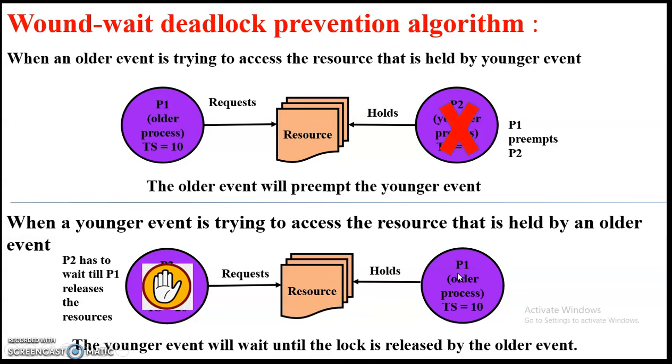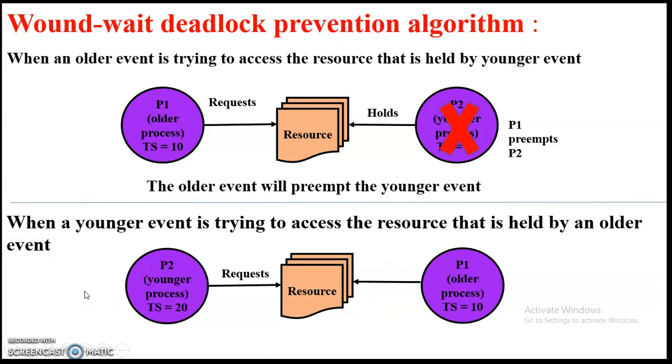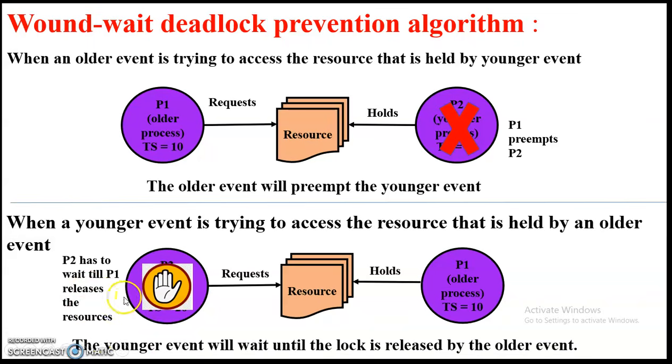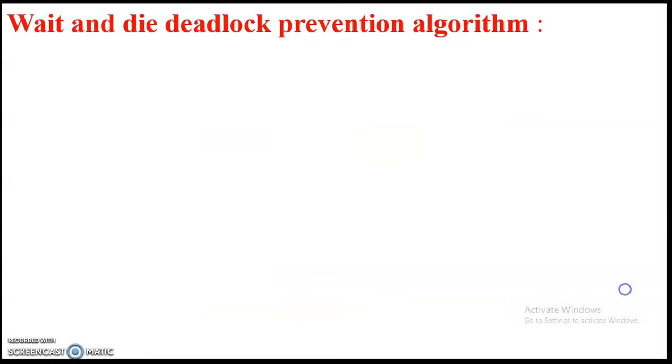So P2 has to wait till P1 releases the resource. Again the older card is played by the older process. P2 says: let the older process complete, then I will get the resource and complete my task. So the younger event will wait until the lock is released by the older event. This was the wound-wait deadlock prevention algorithm.